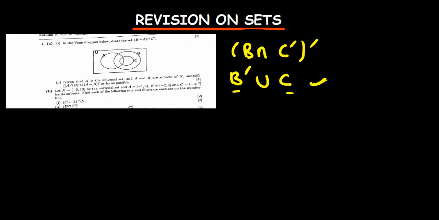Then B complement: by definition, the complement is anything that is outside B but sits in the universal set. So my universal set goes up to negative 5. Here at negative 5, will it be closed or open?